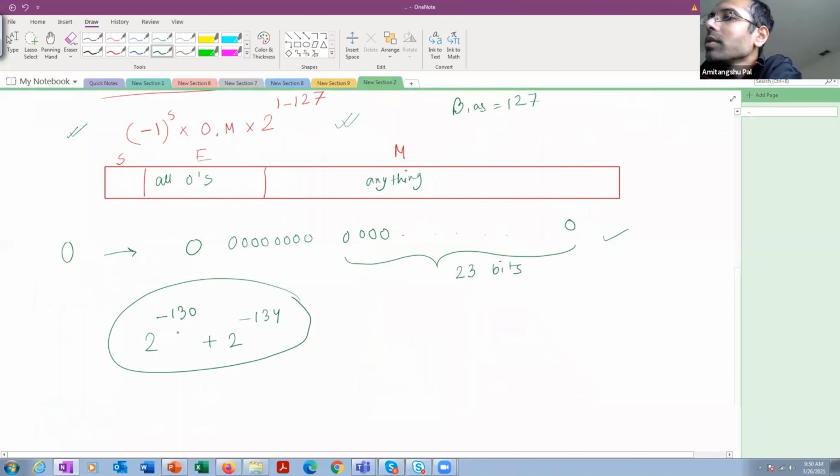We cannot go beyond that, and 2 to the minus 130 and 2 to the minus 134 are even smaller than 2 to the minus 126. So let's see, by using the formula of denormalized values, whether we will be able to represent this number or not.